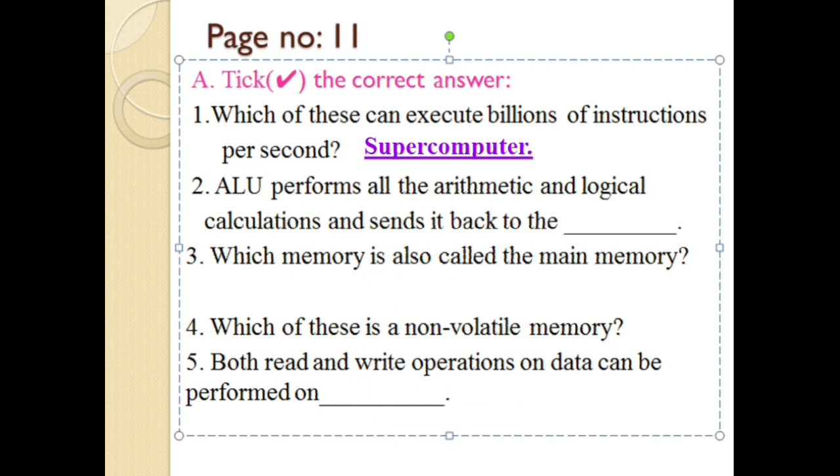The next one: ALU performs all the arithmetic and logic calculations and sends the result back to the memory. Okay, when all the work is finished, it will send it to the memory. The next one: which memory is also called the main memory?